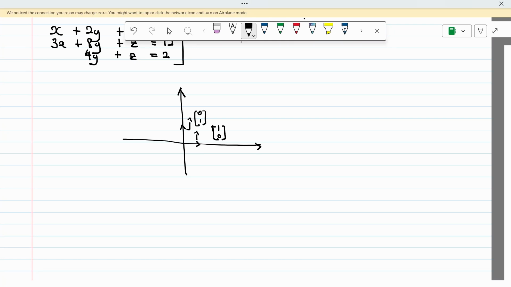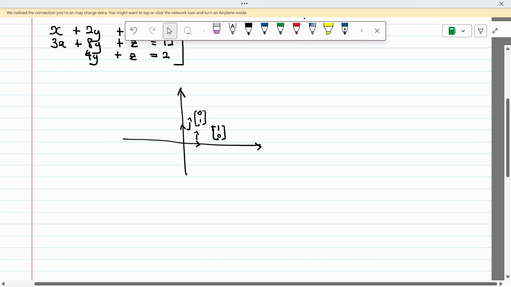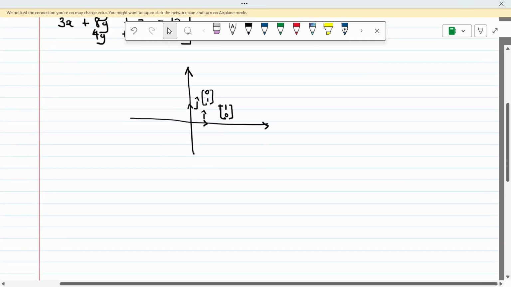And these vectors can be used to represent any other vector within this space as a linear combination of these vectors.